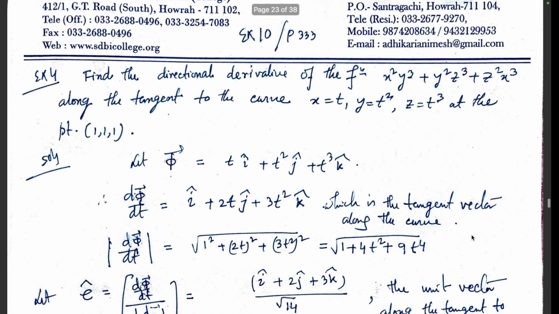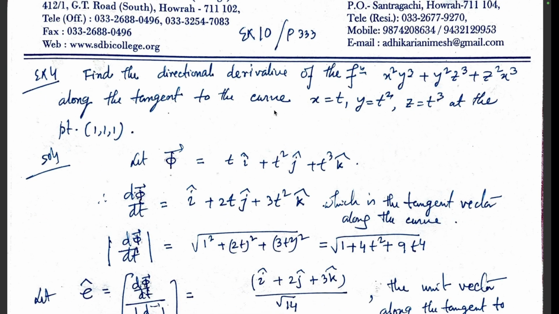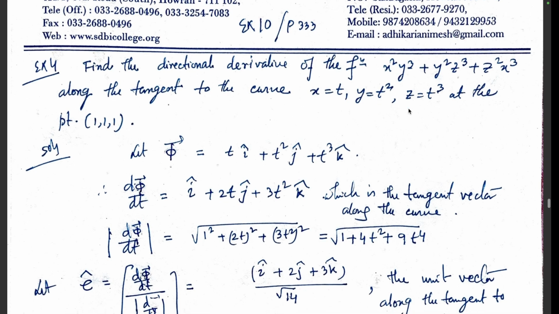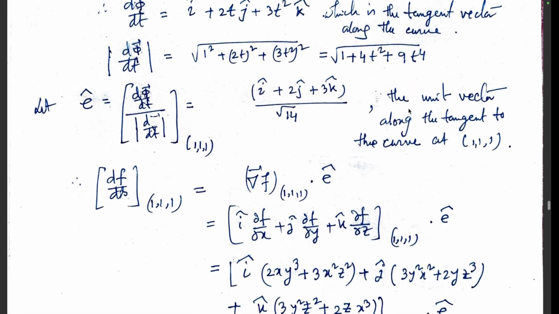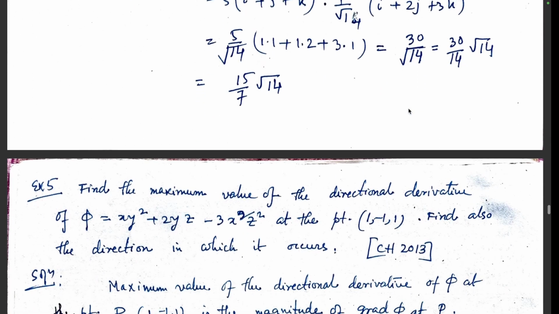Question: find the directional derivative of the function along the curve x = t, y = t square, z = t cube at this point. This e cap is this, the directional derivative is this.